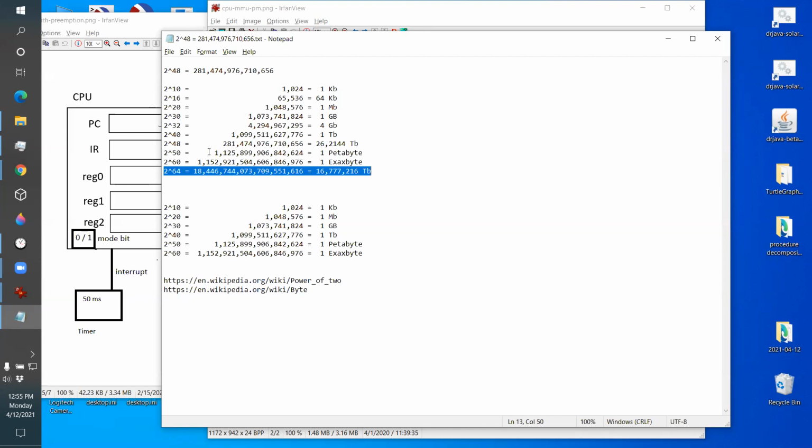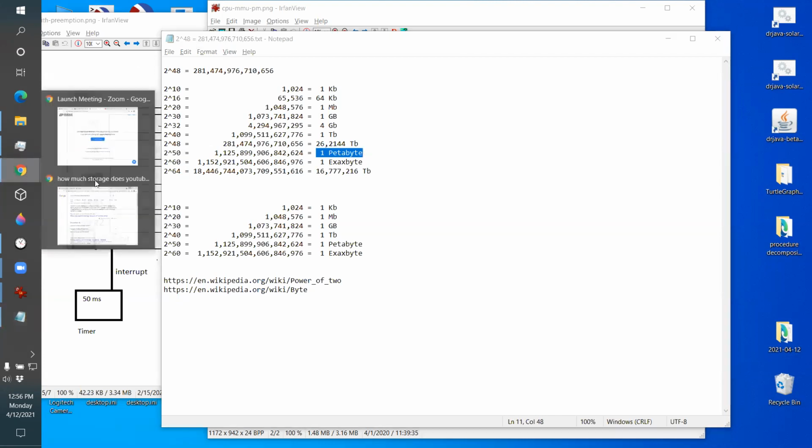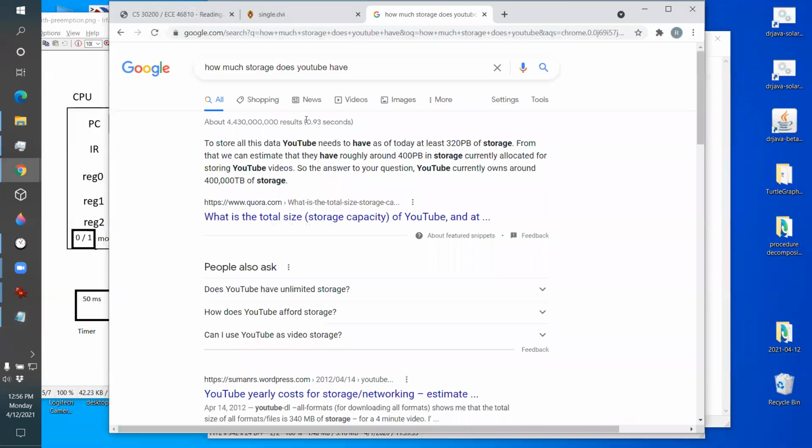Google measures its data in terms of petabytes. This is 16 million terabytes. In terms of petabytes, it would be 2 to the 14 petabytes. What's 2 to the 14?